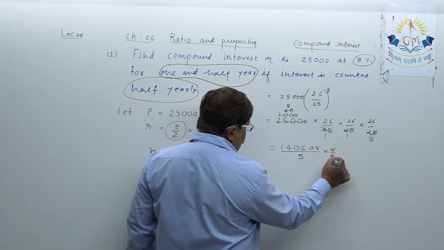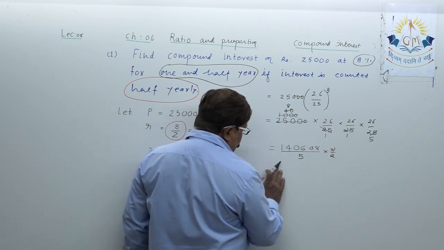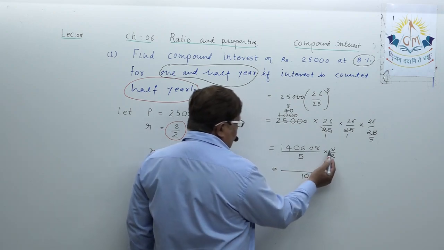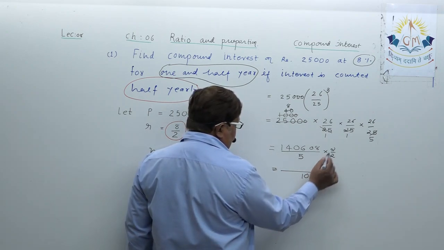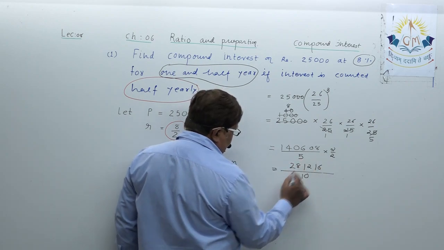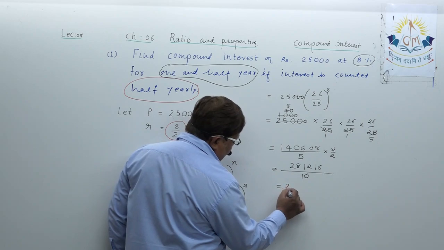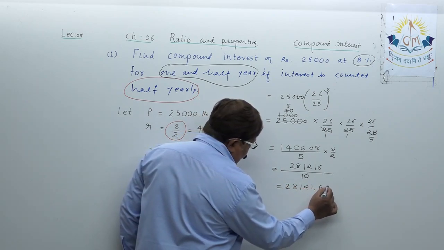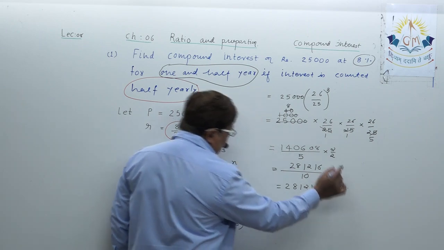That is also an easy thing to do, dear student. 2 eights are 16. 2 sixes are 12 and 28. Just cut the decimal: 28,121.6 plus 0 rupees.